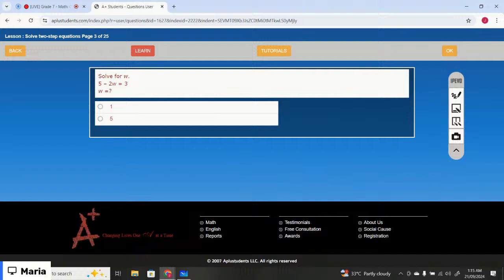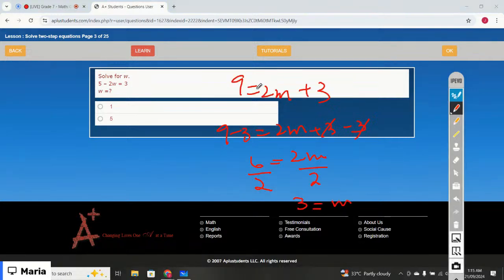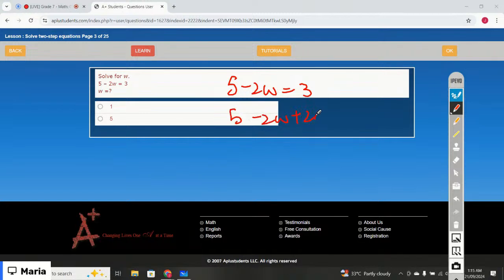Solve for W. 5 minus 2W equals 3. You have 5 minus 2W equals 3. So just add 2W to both sides, right?